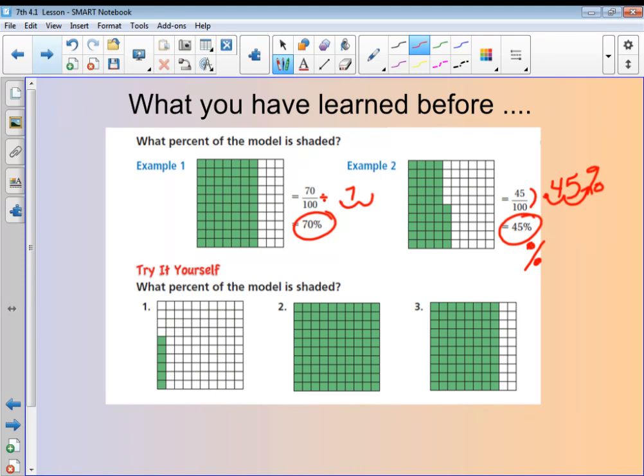Right now, I'm just reviewing every time you had 100 as your denominator. So I want you to pause your video, work through and write out your fractions as well as your percentages for each of these 3 that you have. Then check back in just a minute to check your final answers.